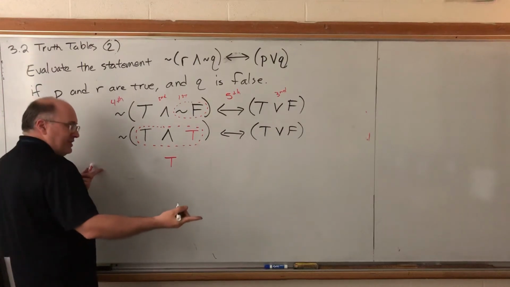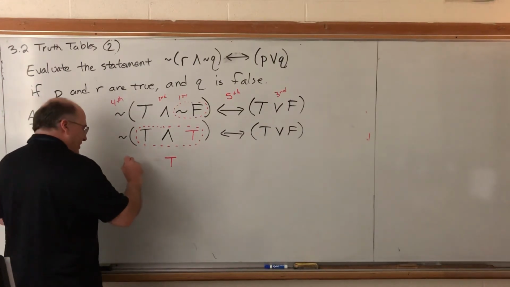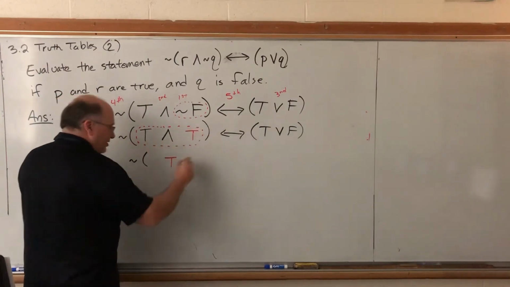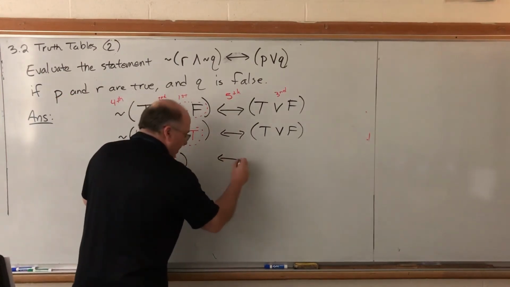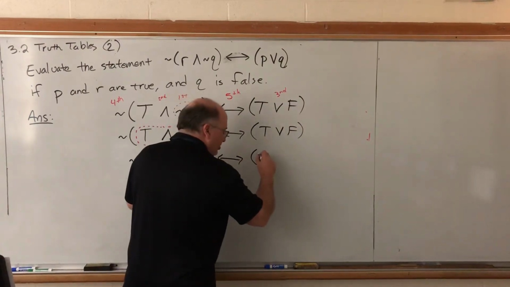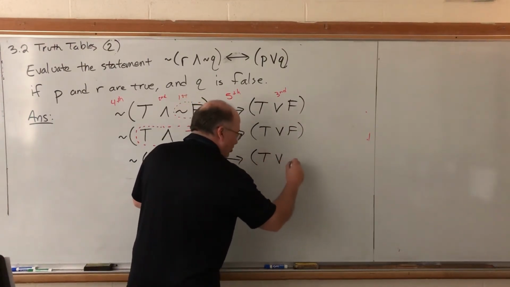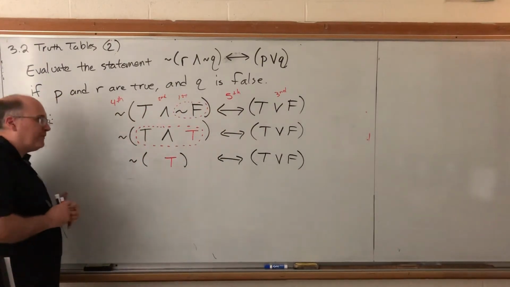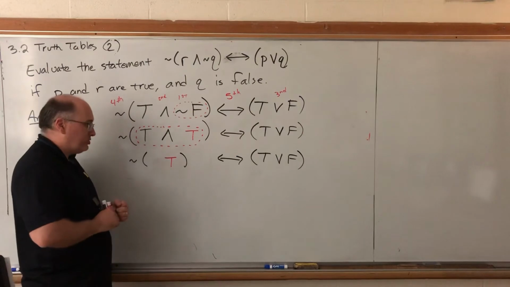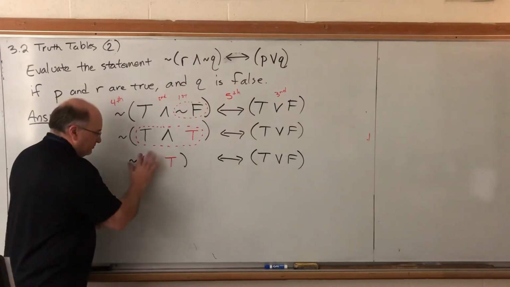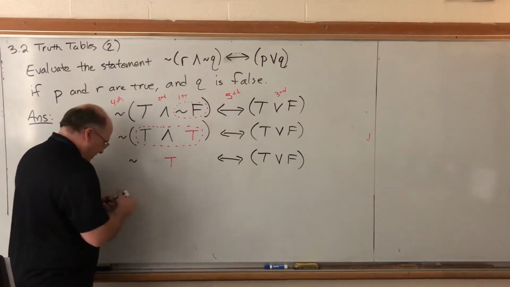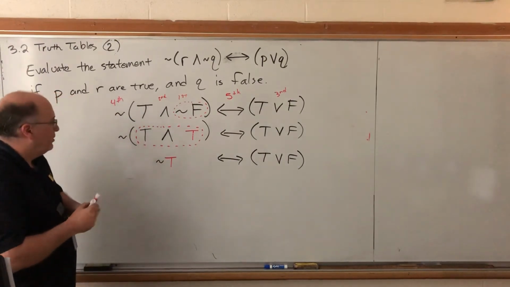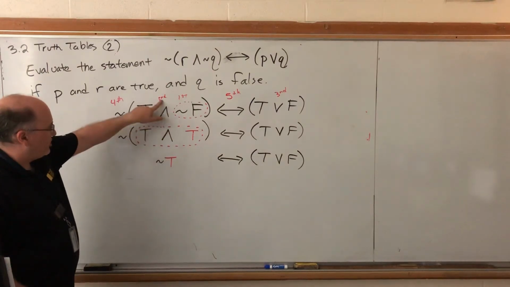We didn't do anything else, so everything else gets brought back down. The negation, the parentheses, the biconditional, the parentheses, T, disjunction, F, close parentheses. At this point, the first parentheses is no longer required because there's only one thing inside of it. And let's move this negation a little bit closer. Okay? So we just did the conjunction, which was second.